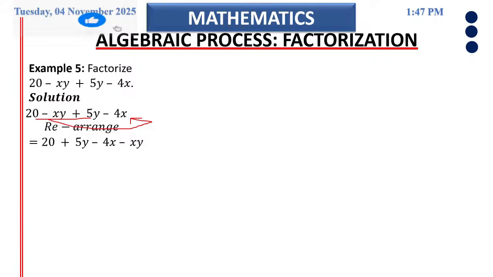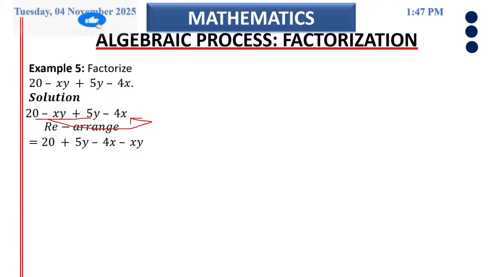If we do it the other way around, if you bring minus xy together with 5y and 20 together with minus 4x, you will still arrive at the same answer. It might look like something arranged slightly differently, but it's still the same value.